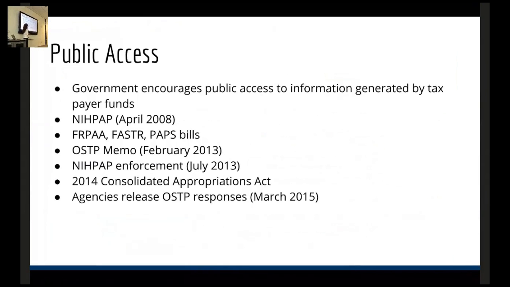The agencies responded to that memo, with the last response in March 2015, and the last of them went into effect in January of this year. So any agency that's doling out money for your research falls under this memo requirement and has both a publications and a data public access requirement for you to share.